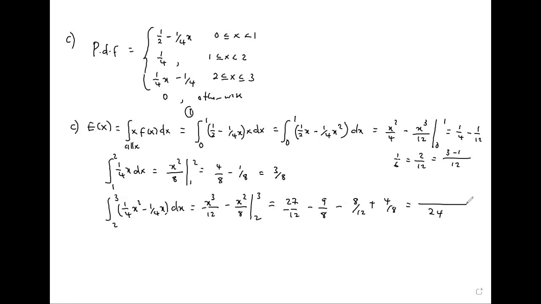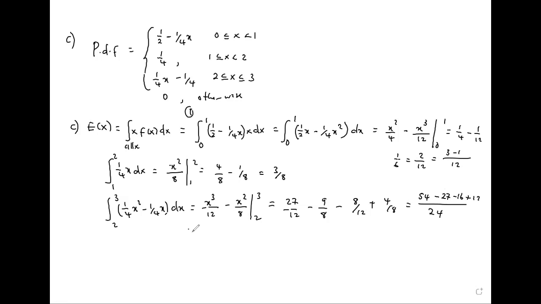So 12 in 24, 2 by 27, we get 54. Minus 8 in 24, 3, we get 27. 12 in 24, 2 by 8, 16, and 3 by 4, 12.